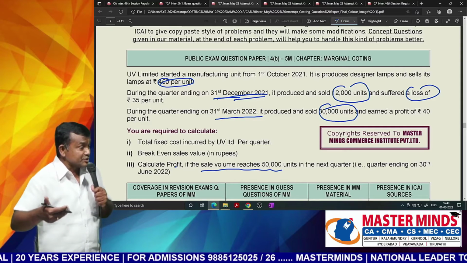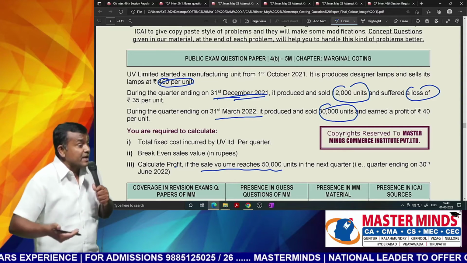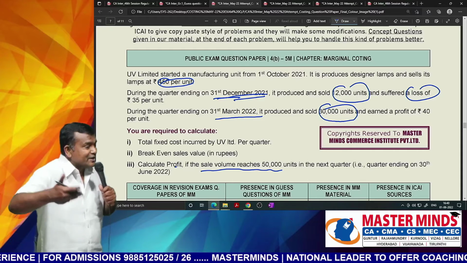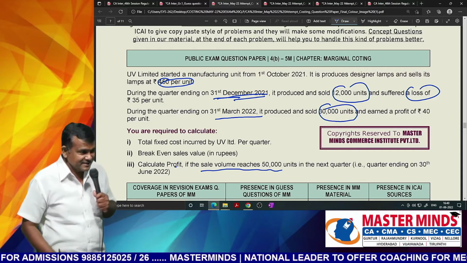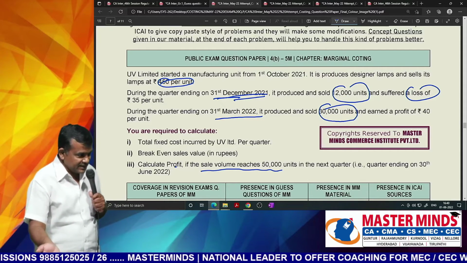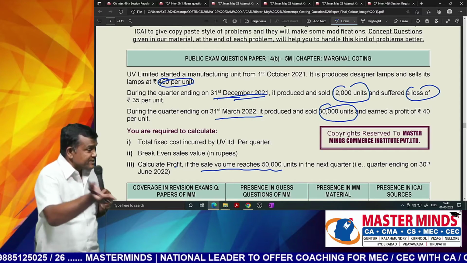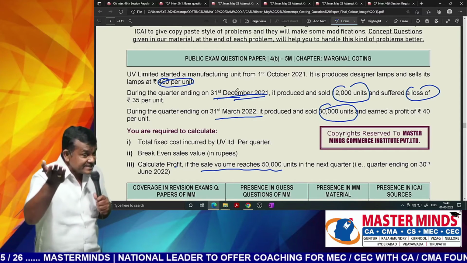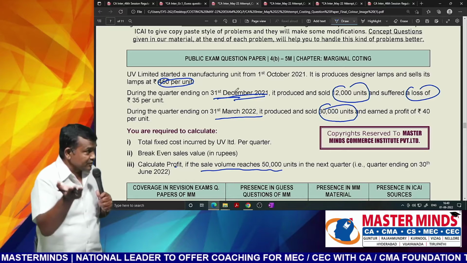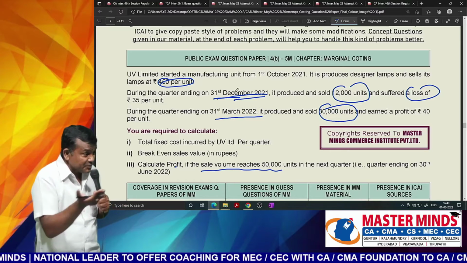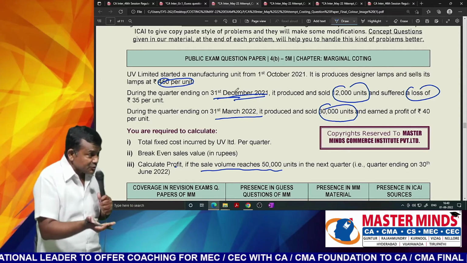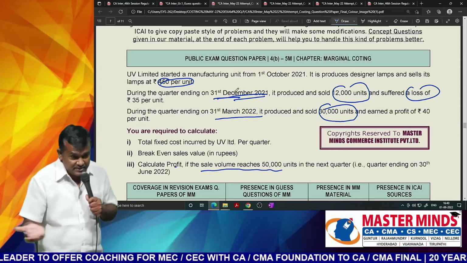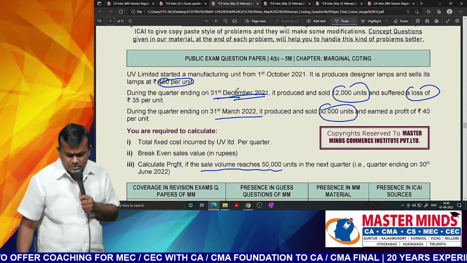Desired sales in rupees equals F plus P by PV ratio. So no need to calculate contribution per unit. What is the relation between desired sales in rupees and desired profit? Desired sales in rupees equals F plus P by PV ratio. Apply.